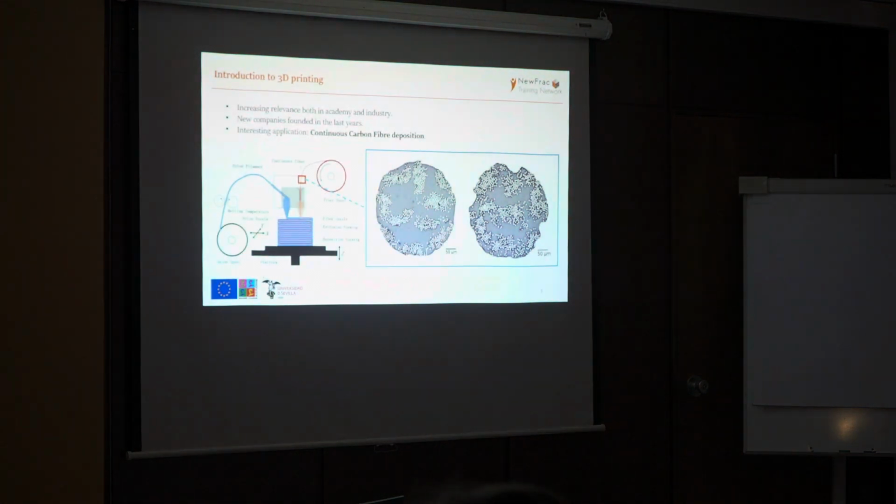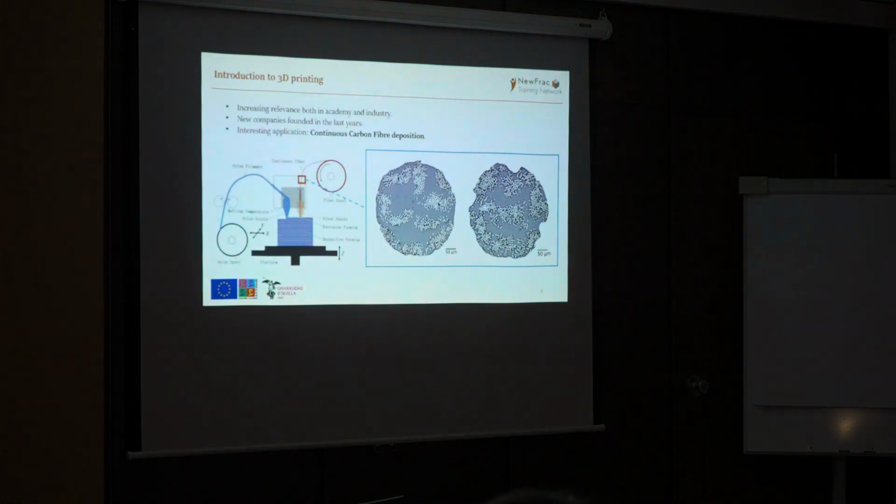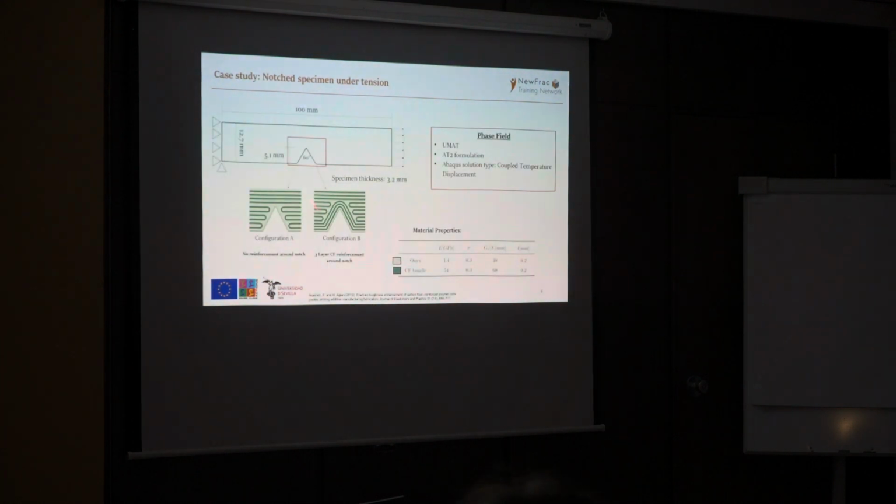Yeah, because I could imagine that you have two layers and you load the sample perpendicular to that layer structure. Yeah, exactly, that's another issue. That's why most of the numerical analyses were done loading the specimen in the direction of the carbon fiber deposition, and not out-of-plane loading. Otherwise, it will lead, of course, to failure of the cohesion of the layers themselves.